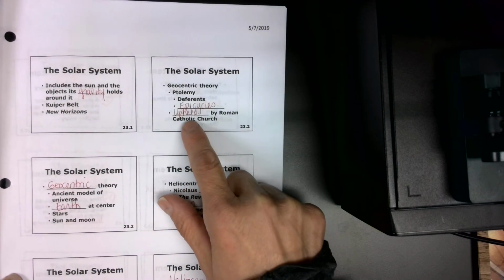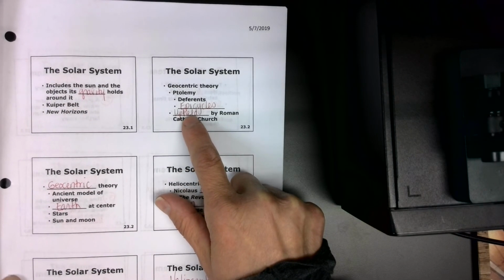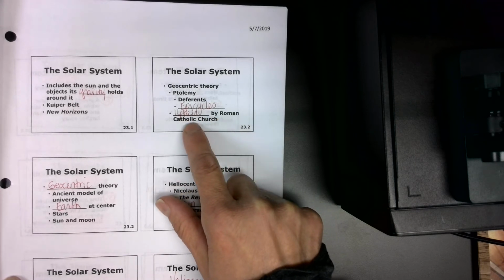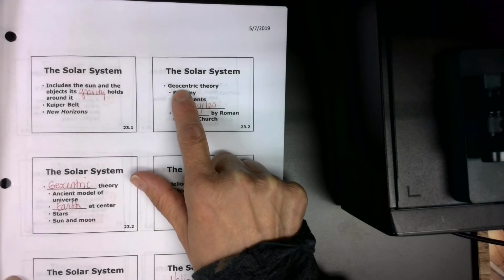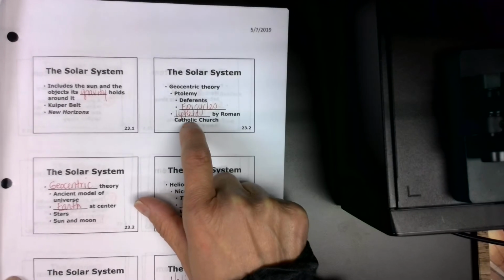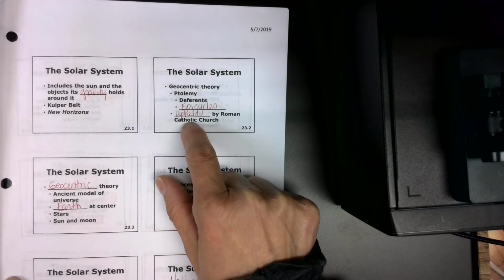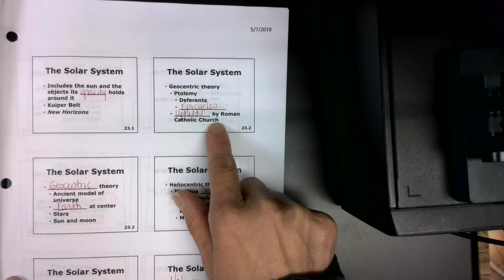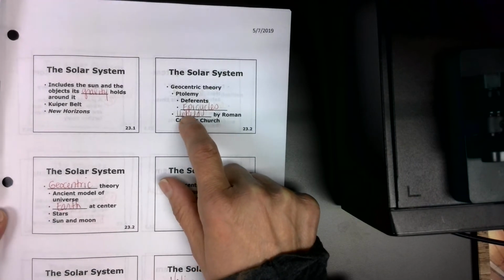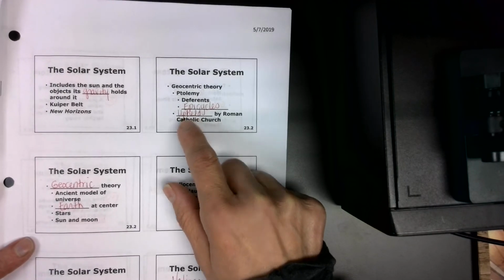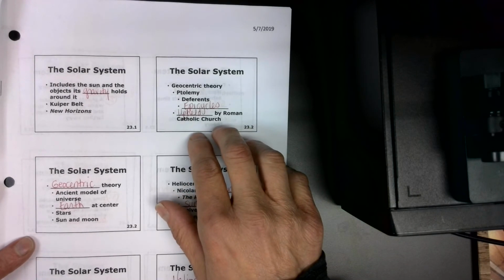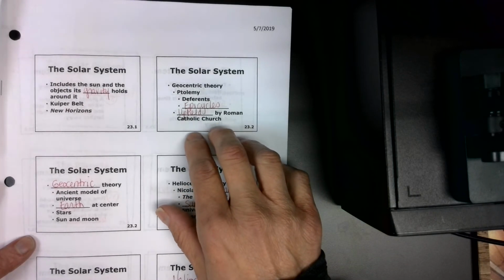There was also very strong pushback from the Roman Catholic Church, which upheld the idea of a geocentric theory. Not only did they uphold that, they actually made it illegal for you to teach anything differently. So people who viewed things through telescopes were not able to teach that legally to others.